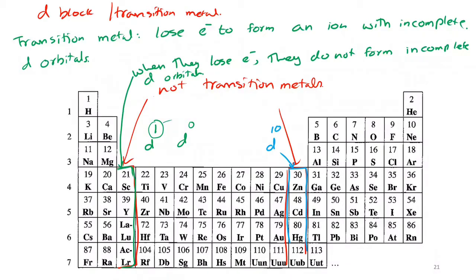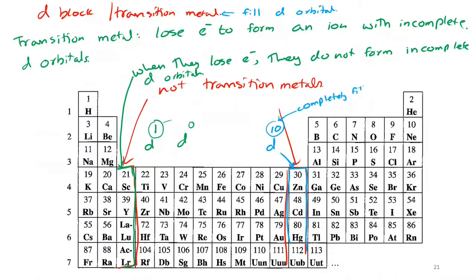D block transition metals are supposed to fill the orbitals, and these guys have completely filled d orbitals.